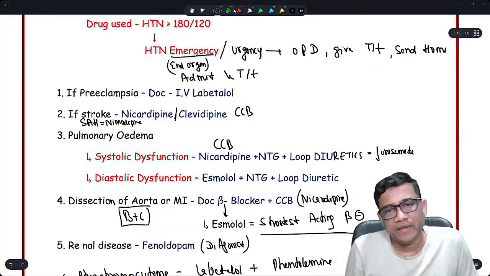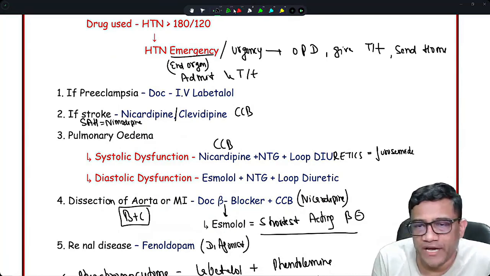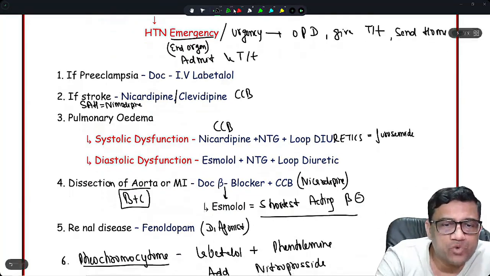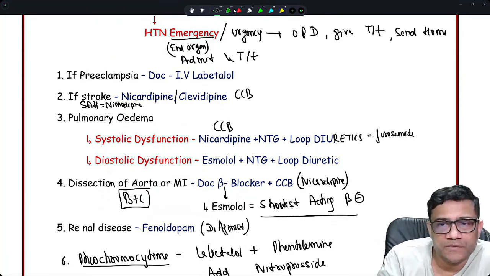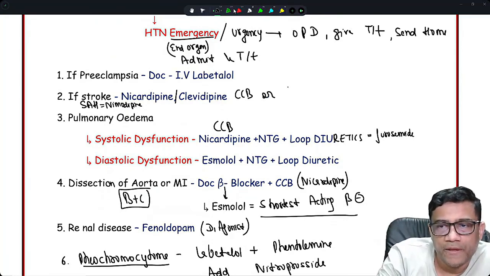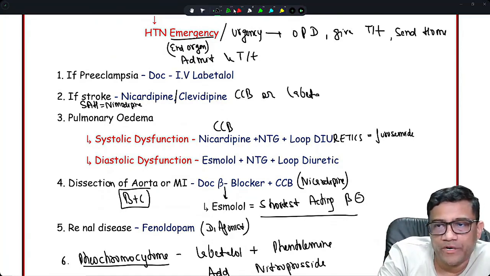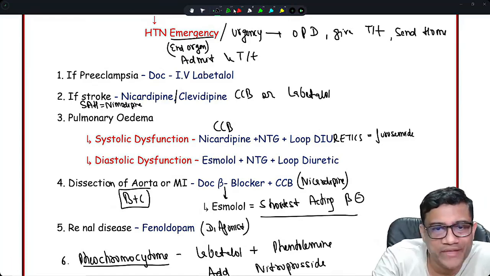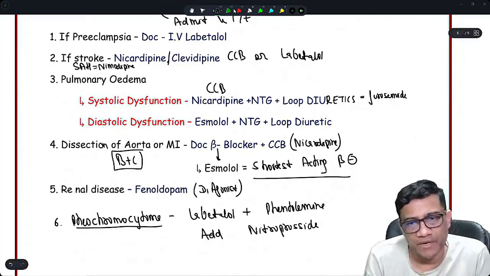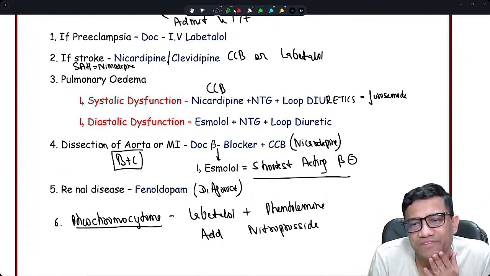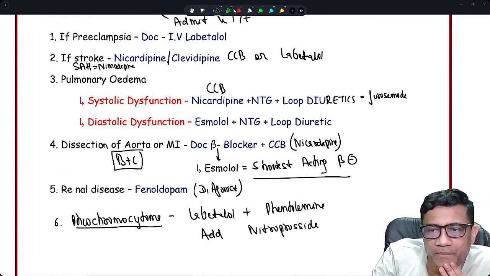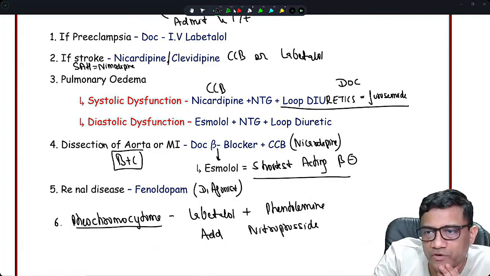Now, if preeclampsia, the drug of choice is IV labetalol. If stroke plus SAH, we use nicardipine, clevidipine or another CCB, or labetalol, which I taught you already. If there is pulmonary edema, we use loop diuretics, the drug of choice for edema.